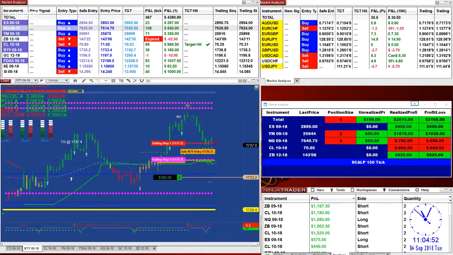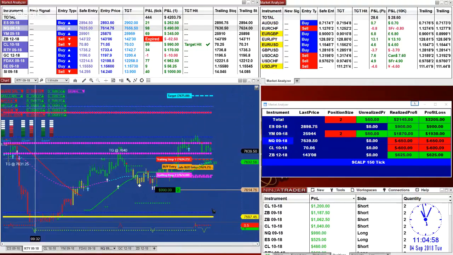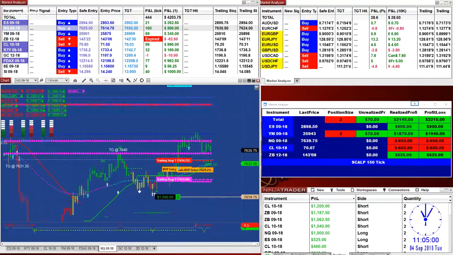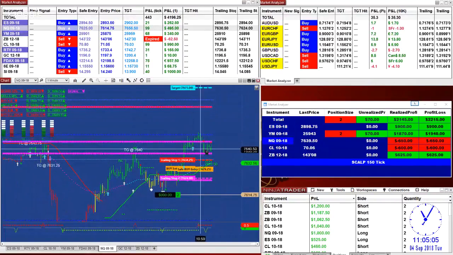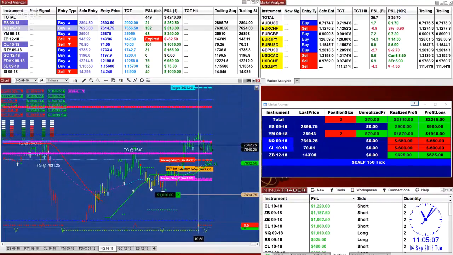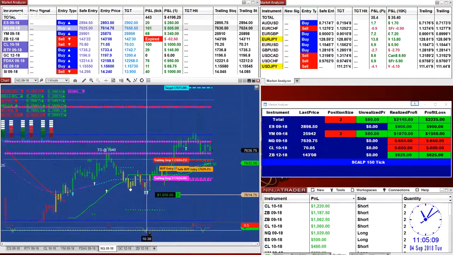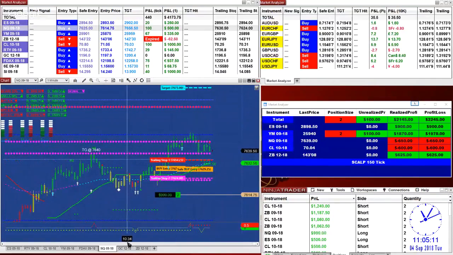Let me look at this one. Let's look at the NASDAQ. You see where this NASDAQ is getting stuck? This is where a lot of people ask me, Sam, how do you know, before I auto trade, when the market is getting stuck in a channel?